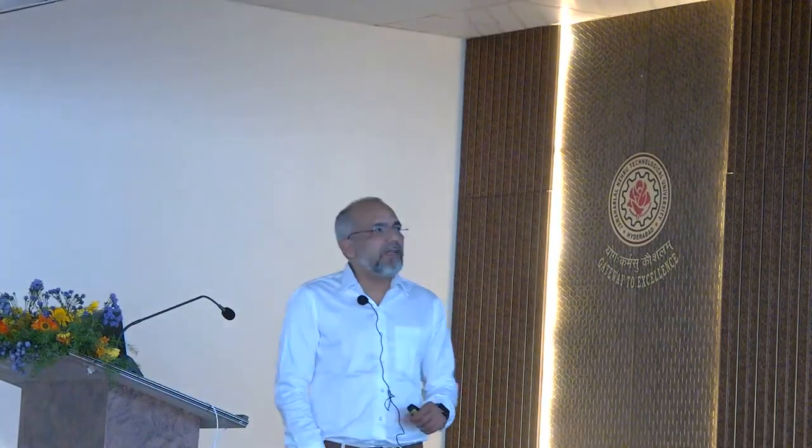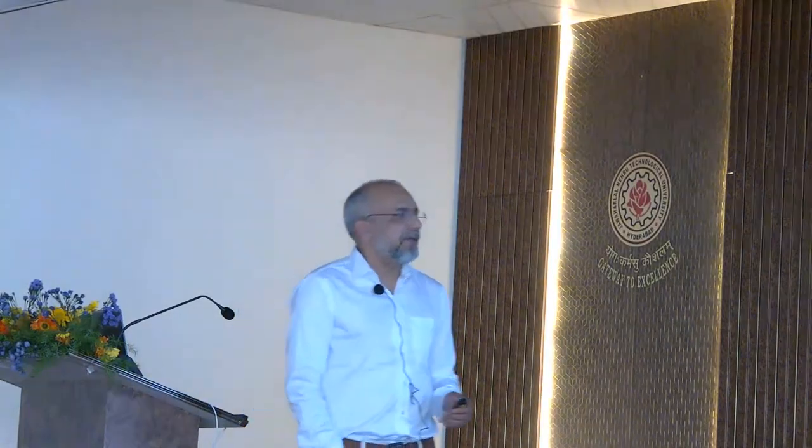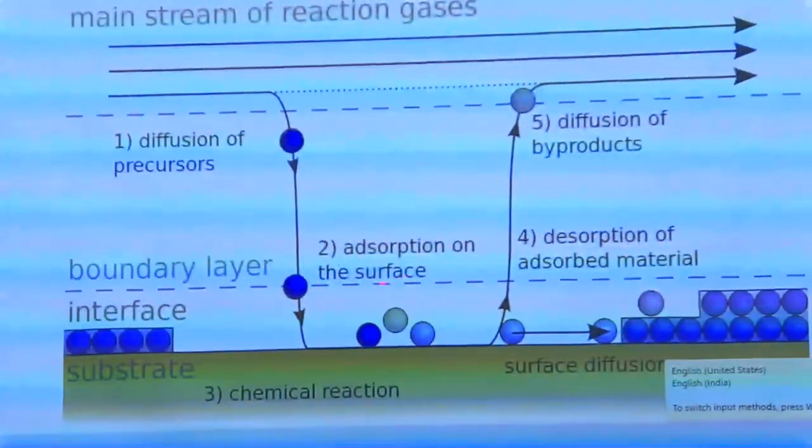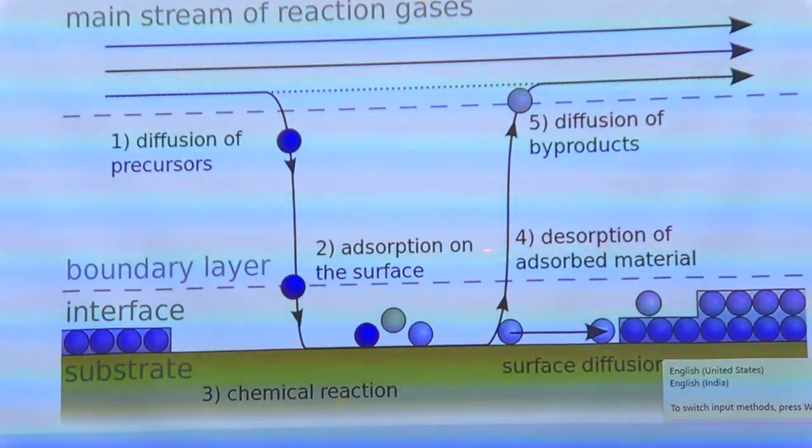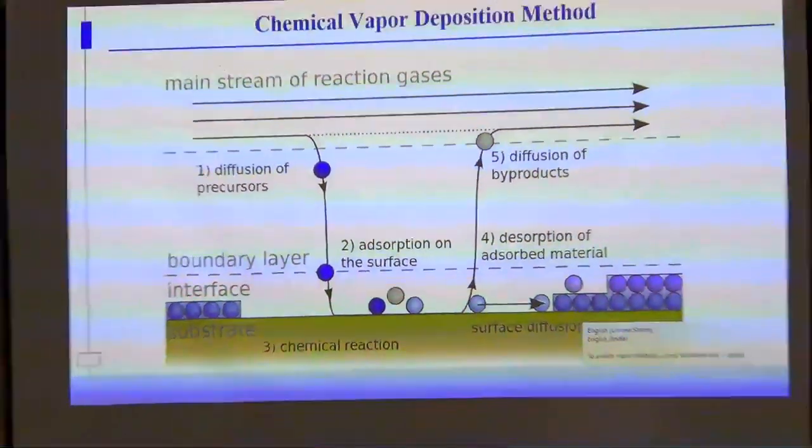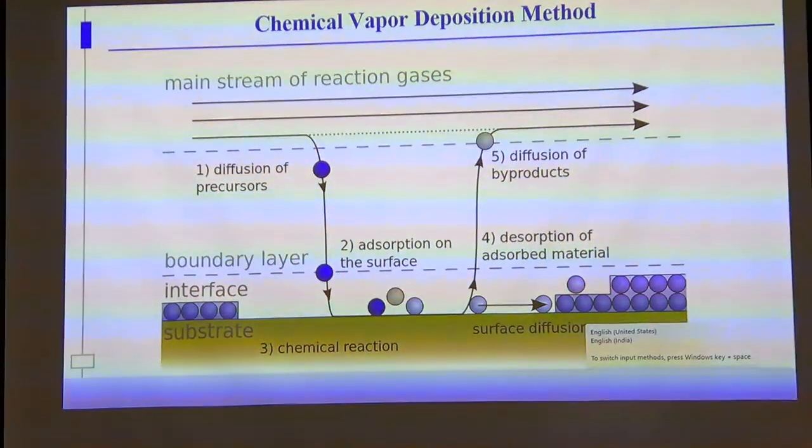This is how the chemical vapor deposition process happens. In the first phase, you have diffusion of precursor, and then in the second phase, you have absorption on the surface, and then desorption of absorbed material, and then they will diffuse through the vacuum here.